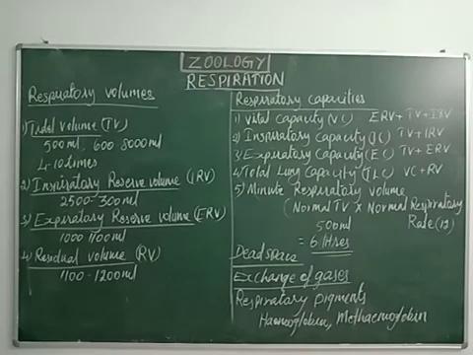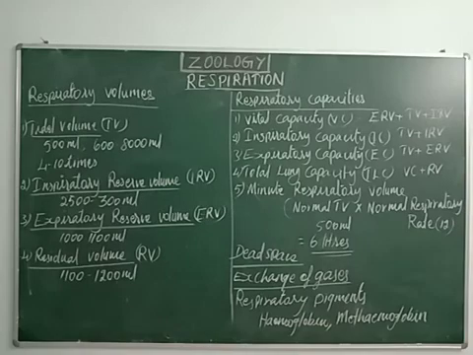It can be calculated by multiplying the normal tidal volume by the normal respiratory rate.